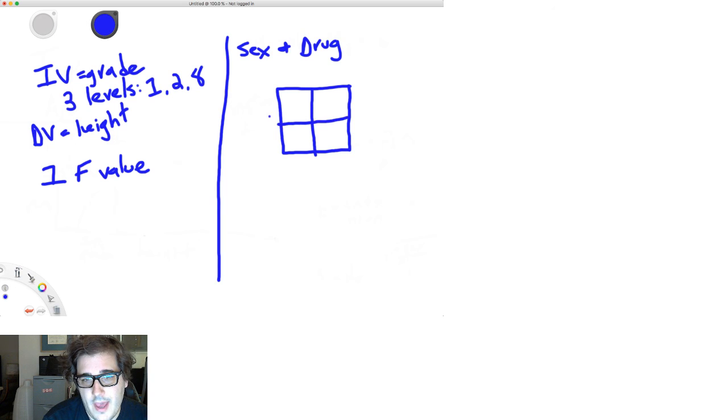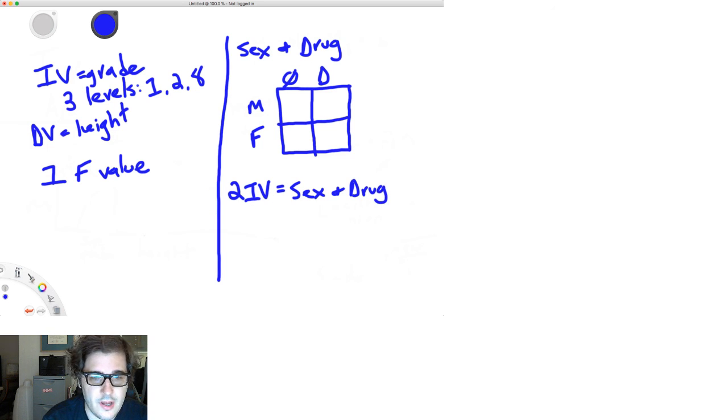We have like male, female, then we have like no drug and drug. So here we have 2 IVs. So we have sex and drug. And the DV, in this case, could be like depression.